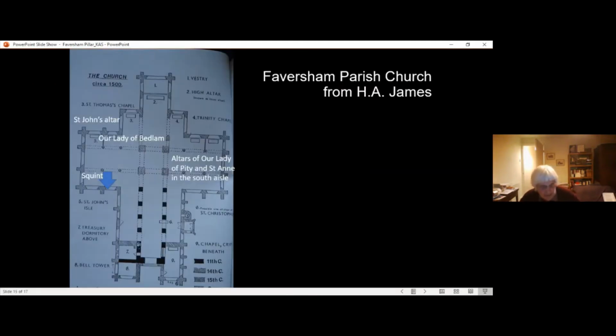Now, in the 15th century, as well as the high altar, there were about 14 subsidiary altars in Faversham Parish Church, including the chapel of St Thomas of Canterbury in the north chancel aisle, which I hope you can see there. And on the south side, we've got the Trinity Chapel.